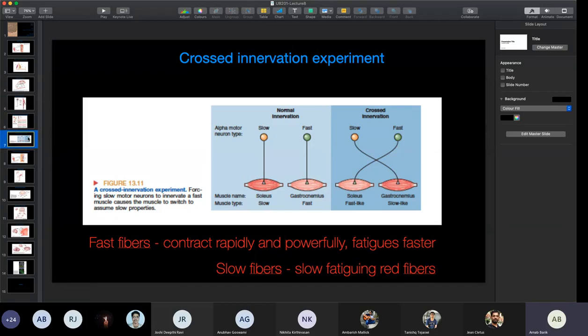That's very interesting, because that means that neurons are driving it, and how you train the muscles can actually change the identity. So there is plasticity at this level, and your nervous system is driving it; that is how you train the muscle. You can actually train your muscles, and that's how things happen.